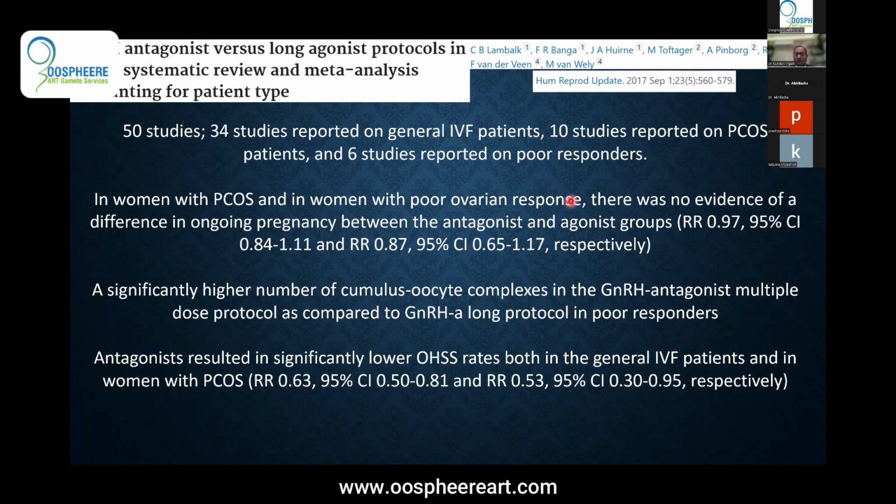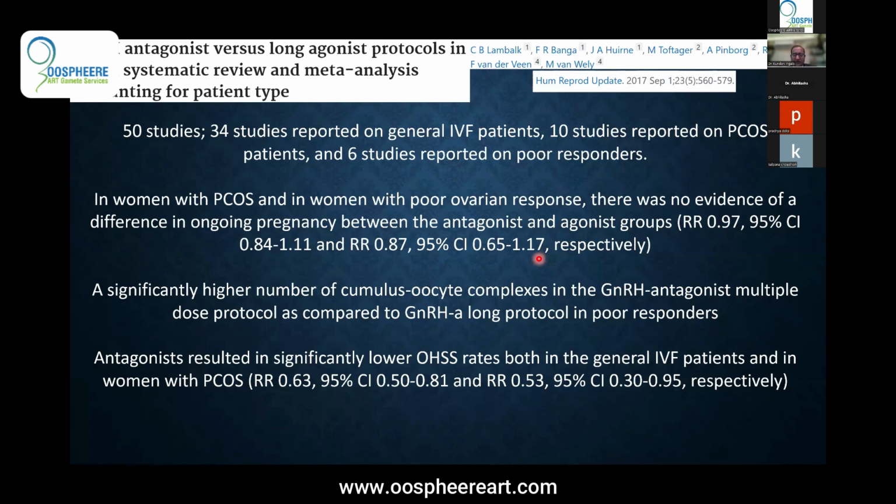So you had both extreme categories of ovarian responders and general IVF patients also. So what is good, agonist or antagonist? In women with PCOS or poor ovarian response, both extreme groups, there was no evidence of difference in ongoing pregnancy between antagonist and agonist groups. So even for PCOS, in terms of reproductive outcomes, both are good.